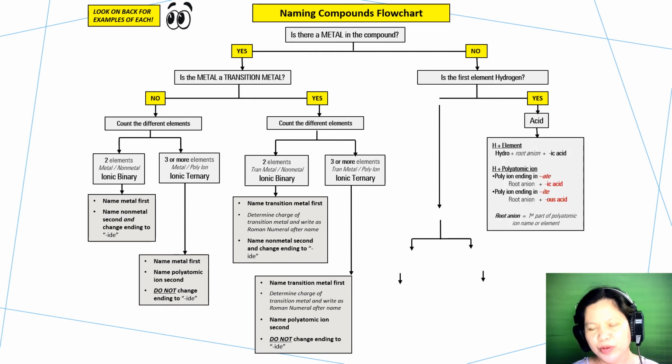So, pag acid form siya, pag meron siyang hydrogen, usually, hydro siya. Hydro ang root word. So, it will end up with IC or it. That is for acid. Halimbawa, hydrochloric.